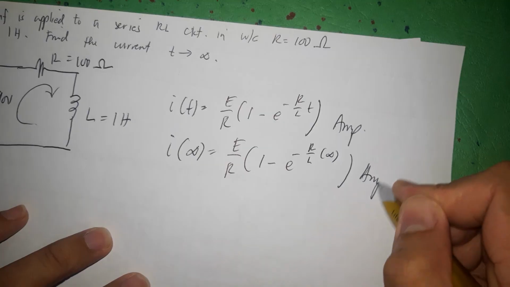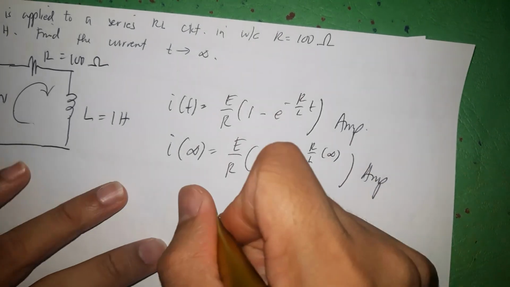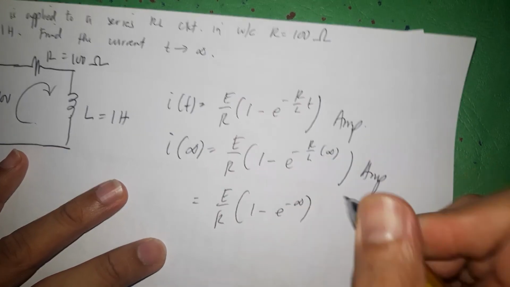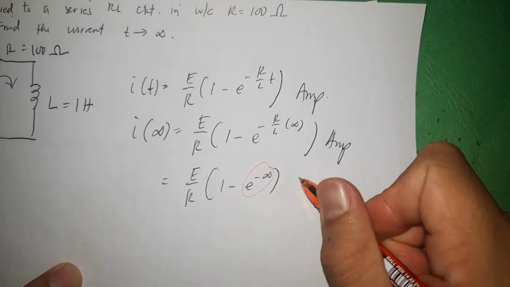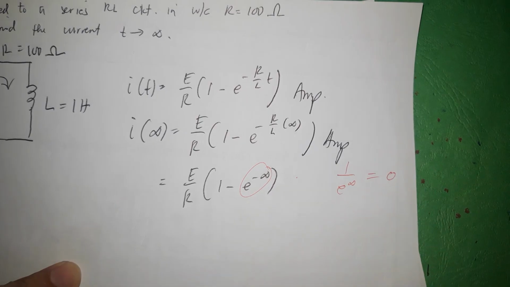Negative times infinity is negative infinity, so that gives you E over R, 1 minus e to the minus infinity. E to the minus infinity is equal to 1 over e to the infinity, which is actually 0.